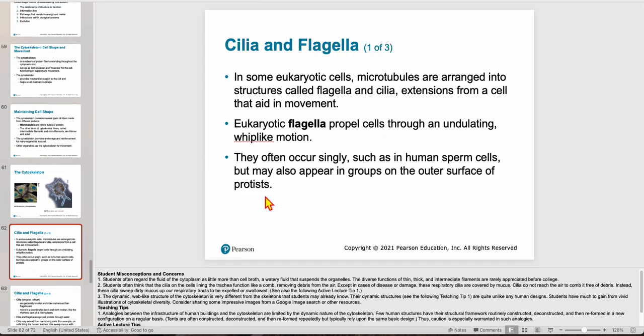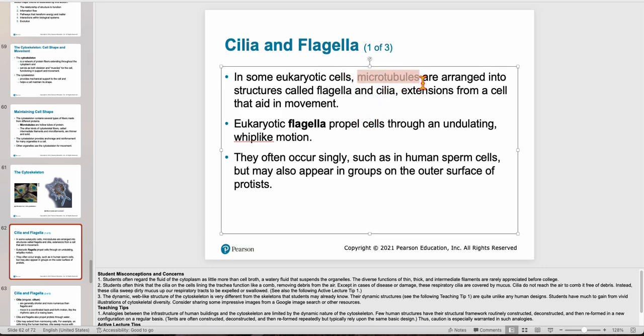So when I go to the next slide, you'll see flagella and cilia as a title, and that is actually what moves. When cells move around, they use either cilia or flagella, and that's how they move around. And yes, they do have what still? Microtubules. So microtubules are for structure, but they're also for allowing it to move.